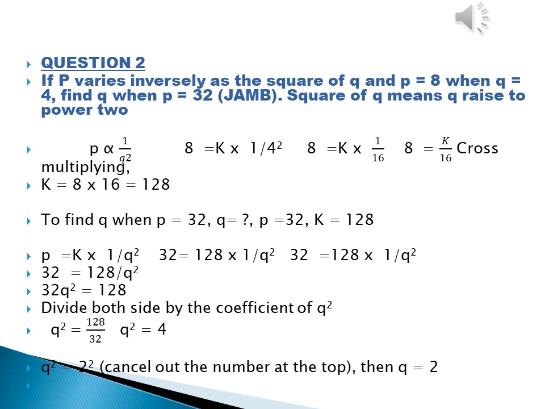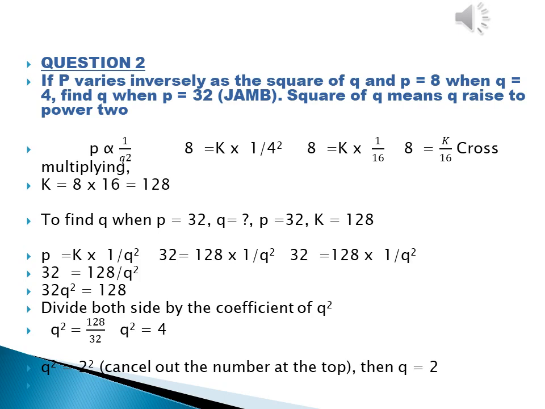1/Q square. And ordinarily, even if we insert the values, P will not be equal to 1/Q square until we multiply the right hand side by K. So 8 will be equal to K multiplied by 1/4 square. 8 will be equal to K multiplied by 1/16, because 4 square, which is 4 raised to power 2, means 4 multiplied by 4, which is equal to 16.